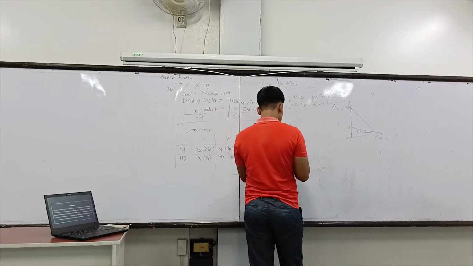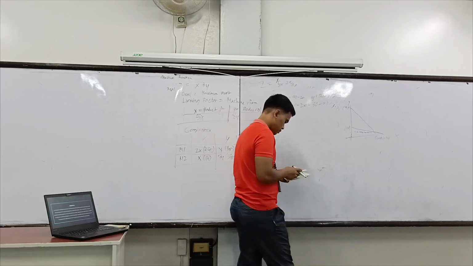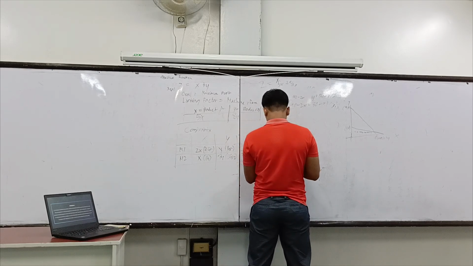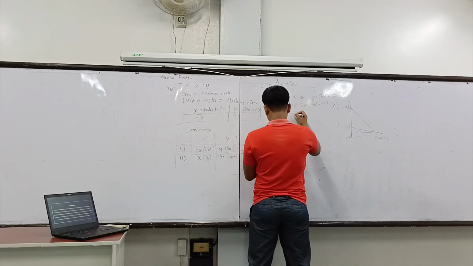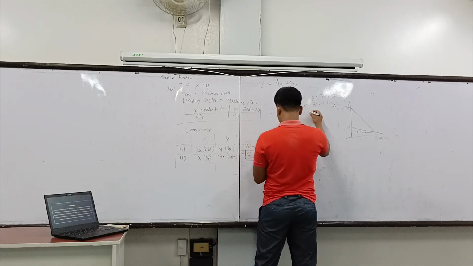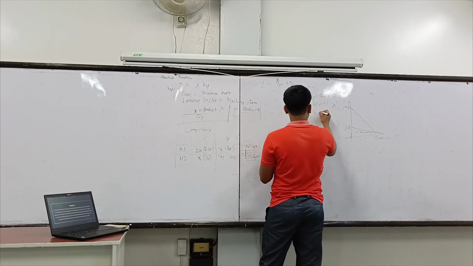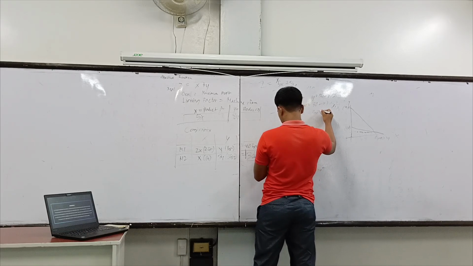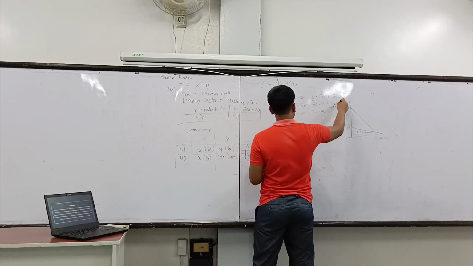Now 3 times 40 is equals 120, and 3 times 2x is 6x, plus 30 minus x, kasi cancel natin 30.